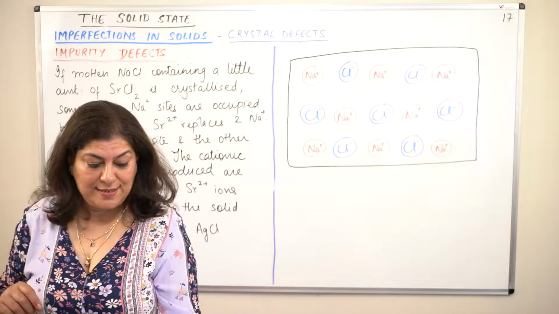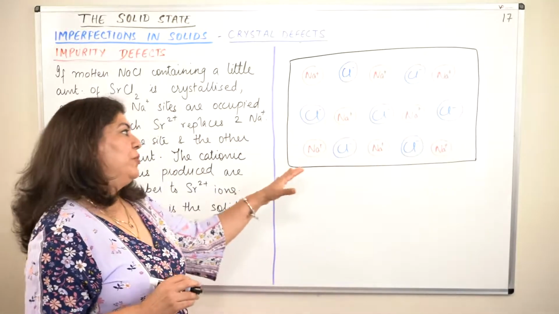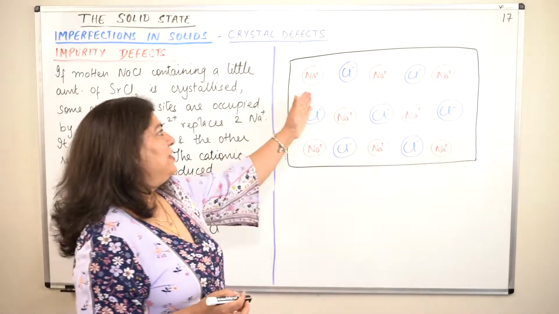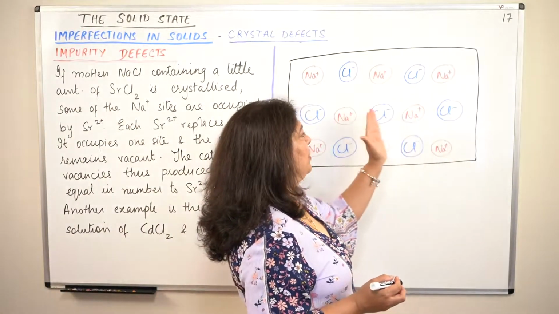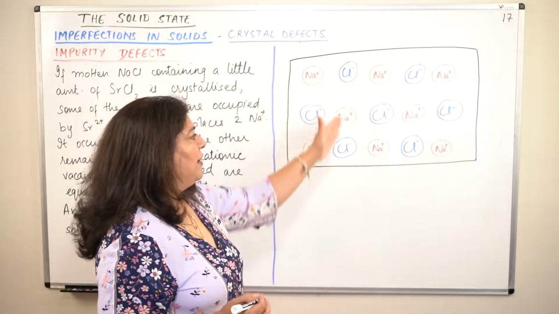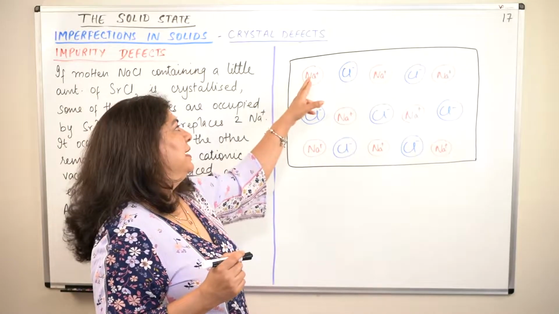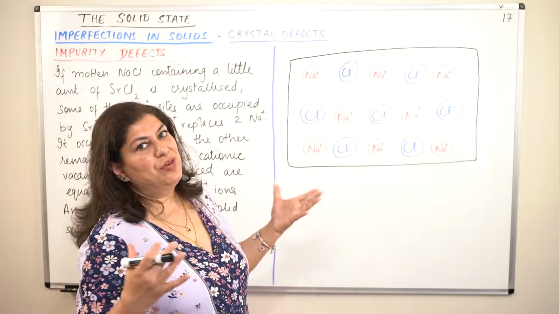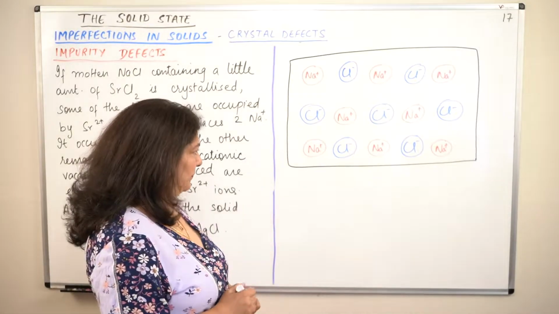Let us take a look at this. Pure sodium chloride should have every sodium surrounded by chlorides, and every chloride surrounded by sodium, and the number of sodium ions and chloride ions is equal.